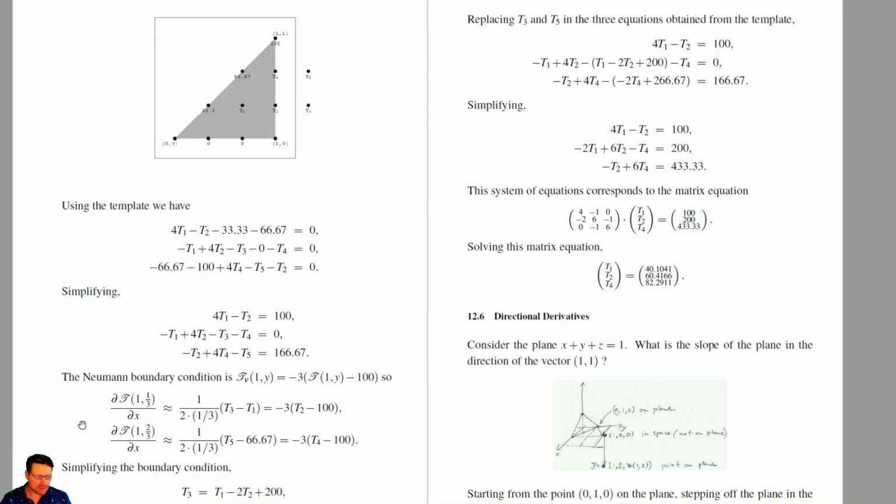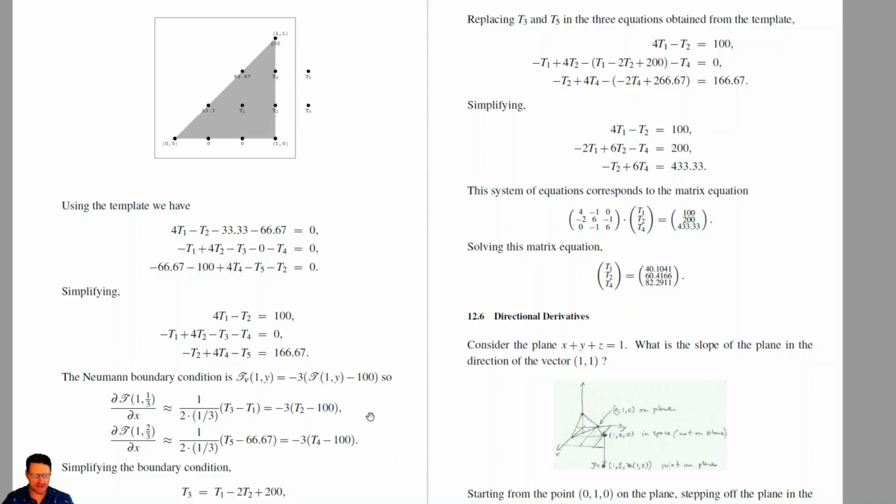Now similarly, applying this Neumann boundary condition over t4, we have the approximation of the partial derivative of t with respect to x at the point 1 comma 2/3. It is approximately t5, so going forward and then going back, subtracting 66.67 and dividing by 2h.